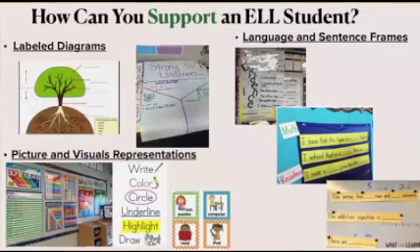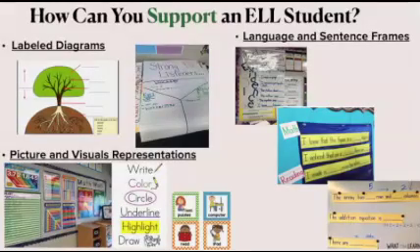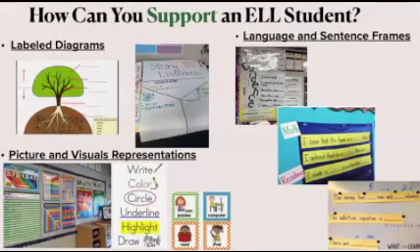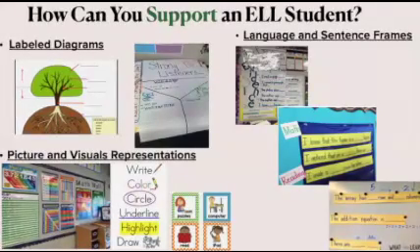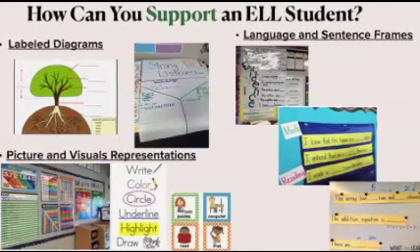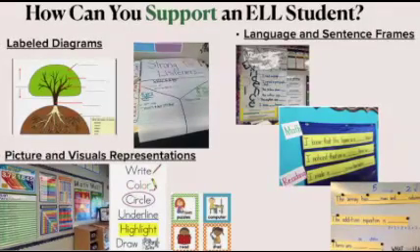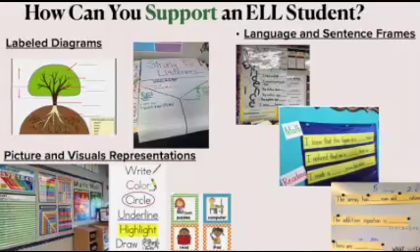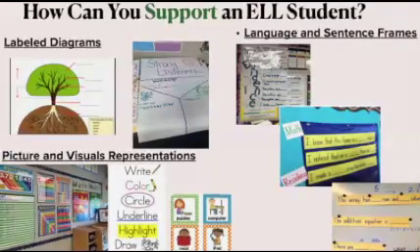Using pictures and visual representations allows students to imagine and therefore contextualize ideas and concepts. For example, in this second picture where it says write, color, circle, underline, or highlight, you can use these little visuals next to these words when giving instructions.